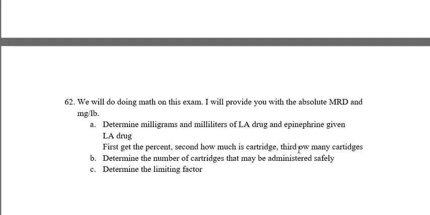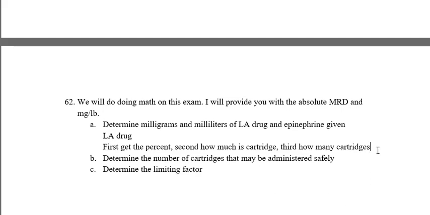I always spell cartridges wrong. Okay, so that will be on the board. First, get the percent. So once you get the percent, you have to know what that means. Second, multiply by how much the cartridge is. Third, how many cartridges. So check your work.